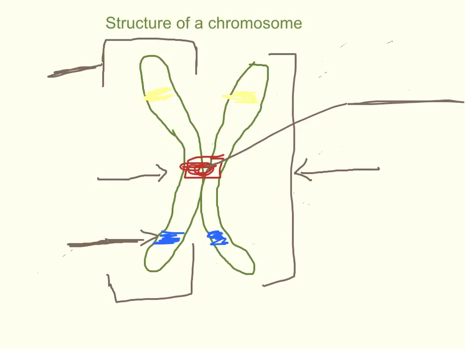Okay, so when it's together, they're each called chromatids, but before replication, it's an unduplicated chromosome.